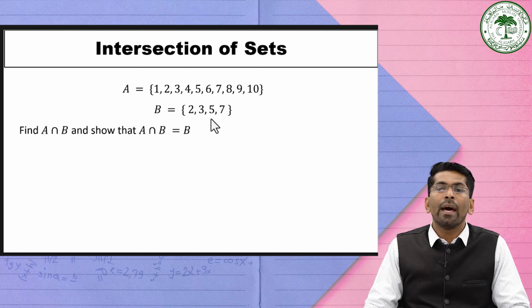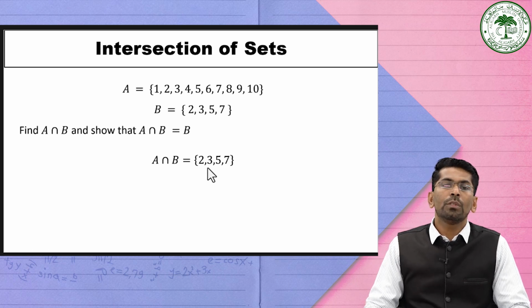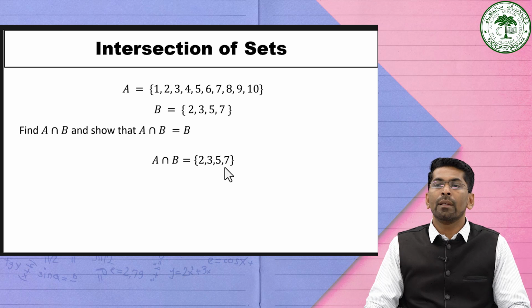So accordingly, A ∩ B = {2, 3, 5, 7}, which are common in set A and set B, and which is also equal to set B.